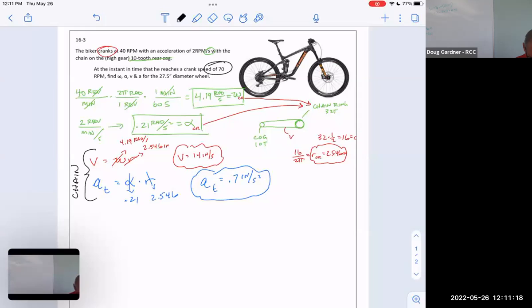So if I crank at 40 revolutions a minute, how many 2s does it take to get me up to 70? That'd be 40 plus 30 is 70, so N would have to be 15. Or perhaps I should say, since that was per second, I should really call that time, shouldn't I?